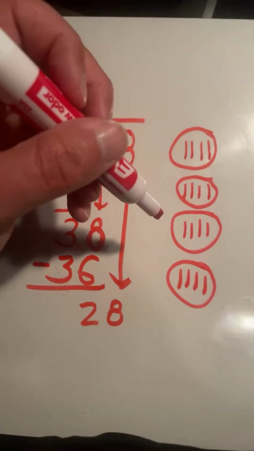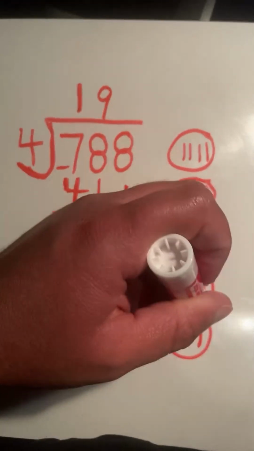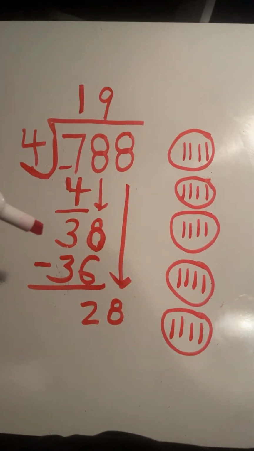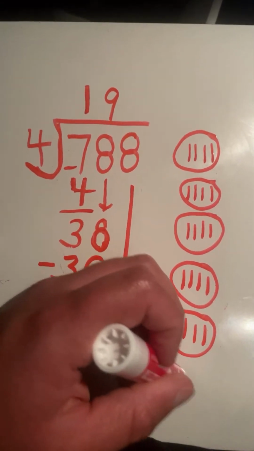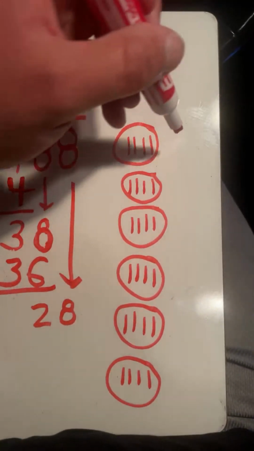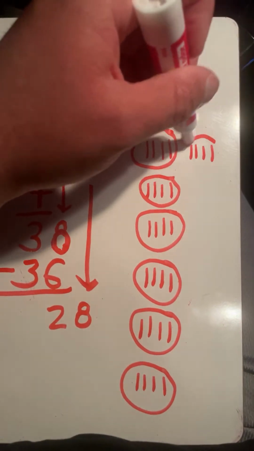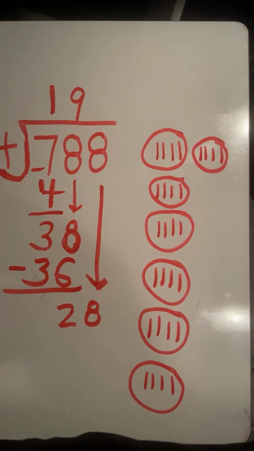Four groups of 4. 17, 18, 19, 20. Five groups of 4. 21, 22, 23, 24. We are at 6 groups of 4. 25, 26, 27, 28. We are at 7 groups of 4.